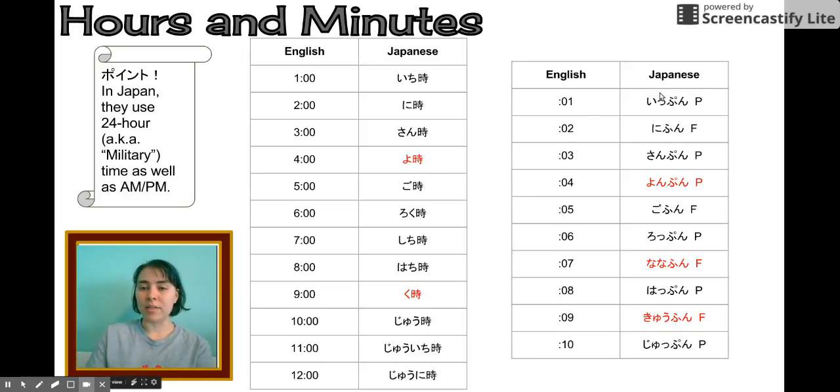Minutes are fun because it alternates between pun and fun in a seemingly random pattern that you will have to remember, because this P and F pattern for numbers is very common in many different ways of counting things, like cats, for example. So 1分、2分、3分、4分、5分、6分、7分、8分、9分、10分.